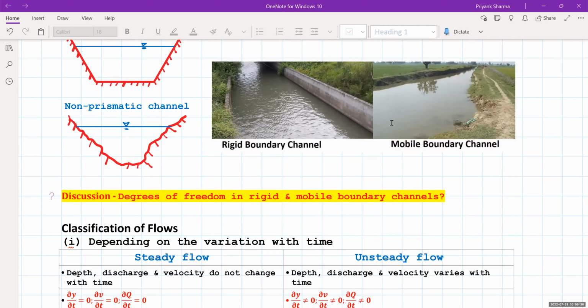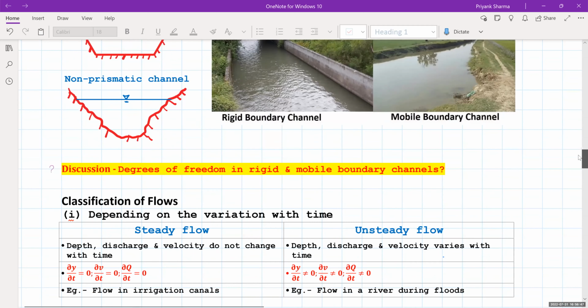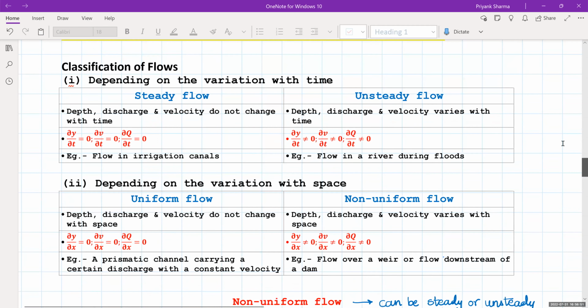Why is this degree of freedom essential to compute? When designing such channels, we have to take into account which parameters will be varying and how to account for that. That is another thing which you need to discuss and answer.